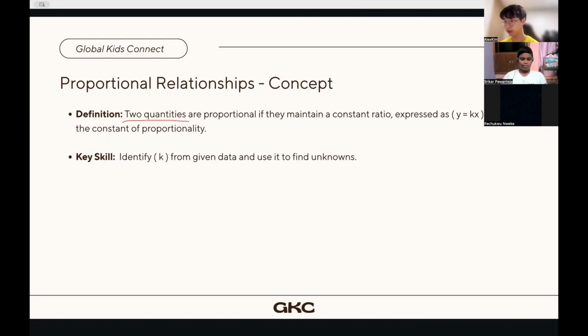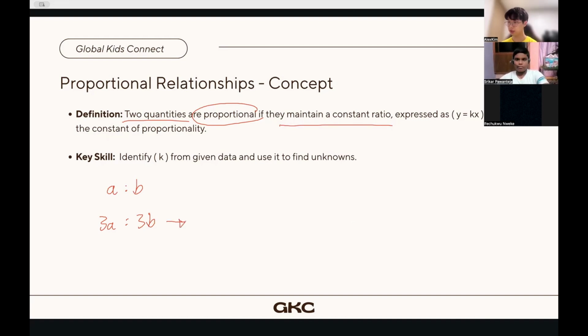So what this means is that if we are given two quantities, it can be anything, they are said to be proportional if they maintain a constant ratio. What we mean by that is if we have A to B, then they have a ratio of A to B. But if we have another two quantities, let's say 3A to 3B, then it is still proportional because they have a constant ratio.